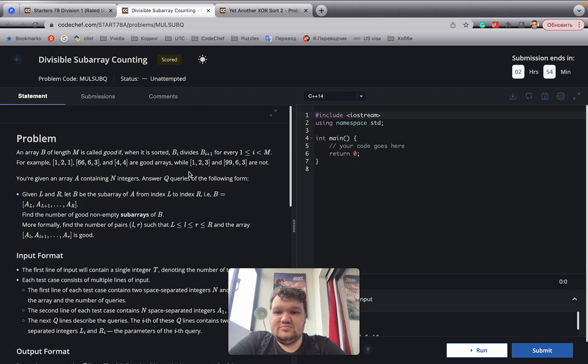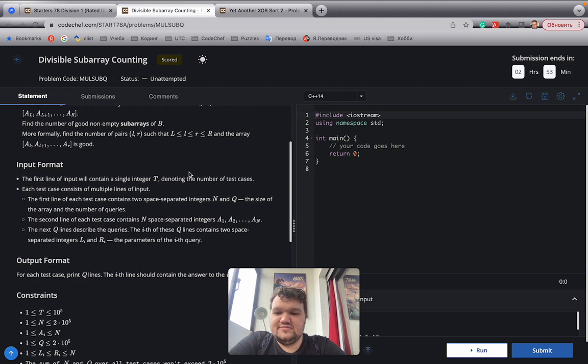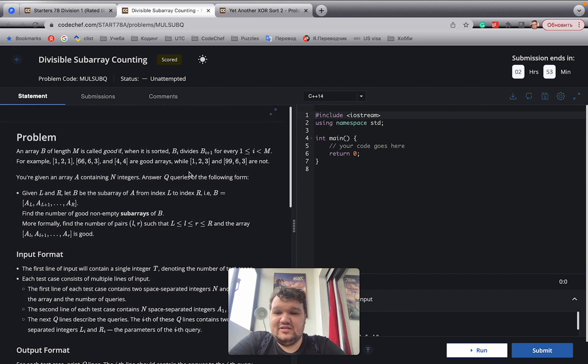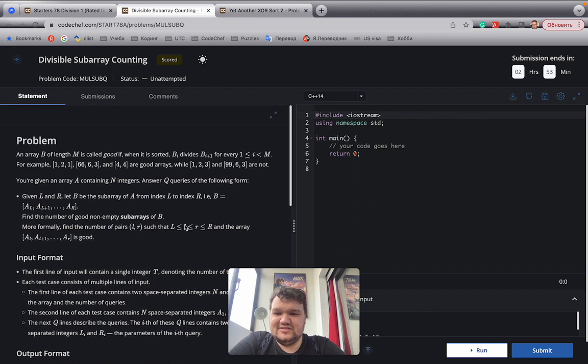Problem divisible subarray counting. Either I will like it or I will dislike it very much. An array of length m is good if, when sorted, each number is divisible by the previous one.